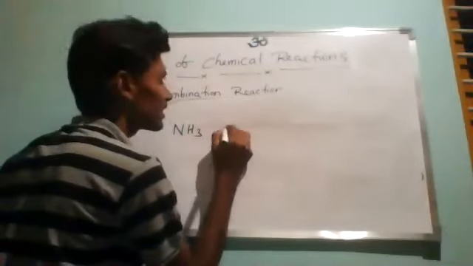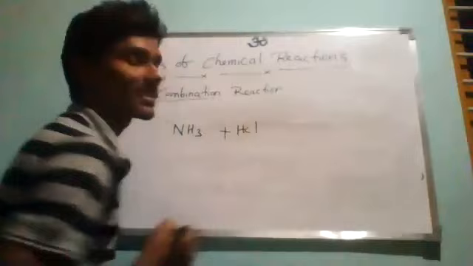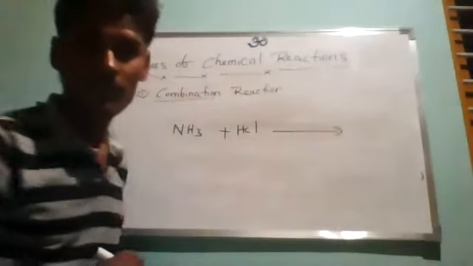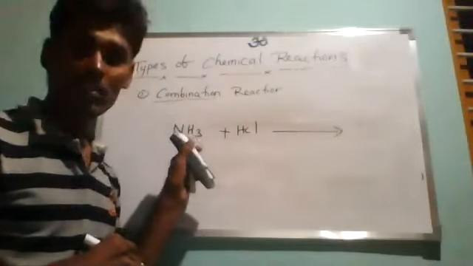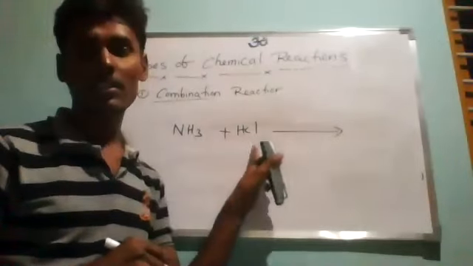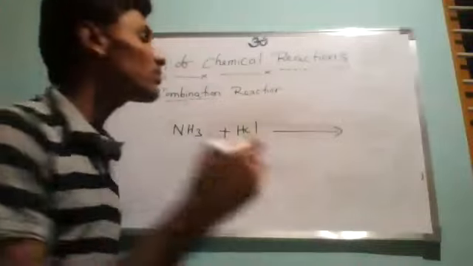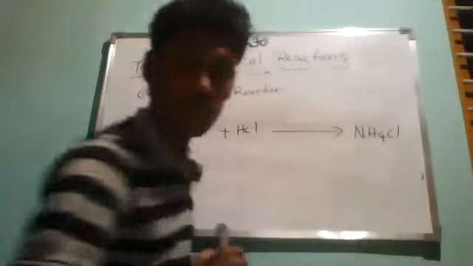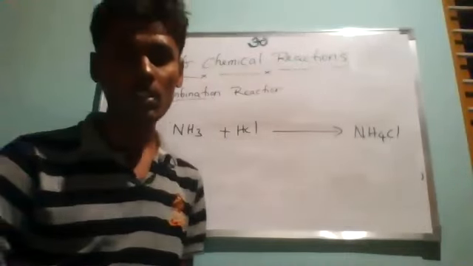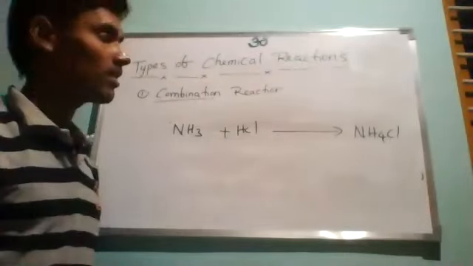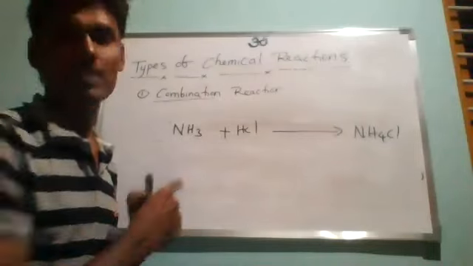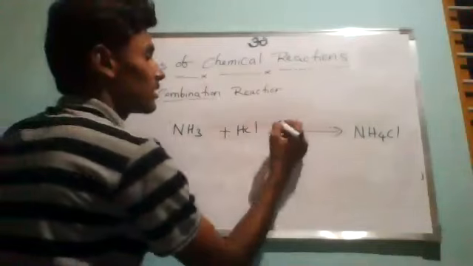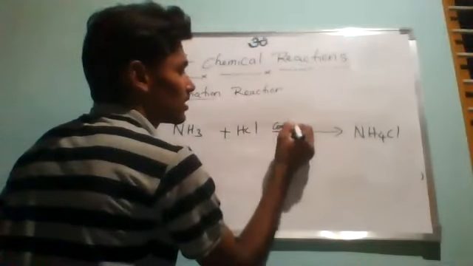It will react with hydrochloric acid and form ammonium chloride, NH4Cl. Now you can observe here, I think it is balanced. Yes, it is balanced. Now let me go for more informative, that is combination.